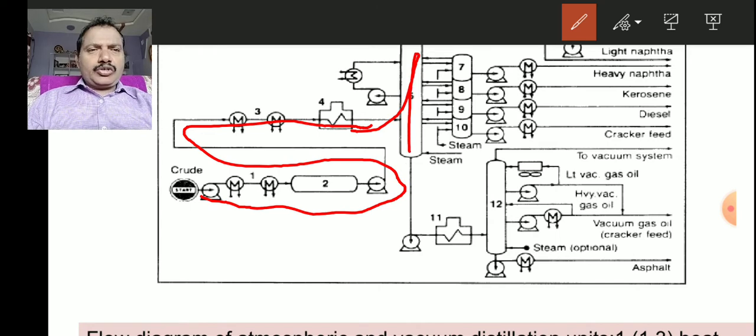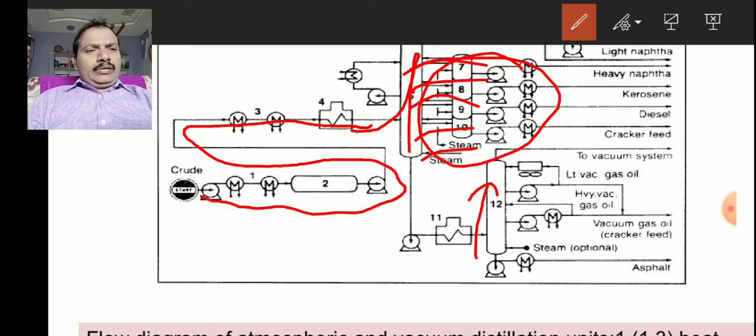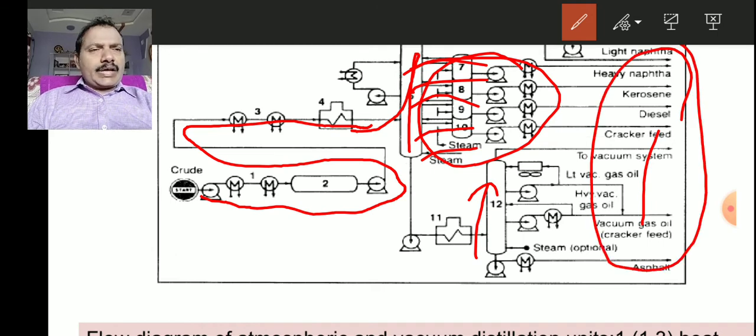This is the atmospheric distillation column, and next a series of pumps, and at various columns the steam is collected at different fractional elements. Here the vacuum tower is the distillation column where we have different types of materials available to us.